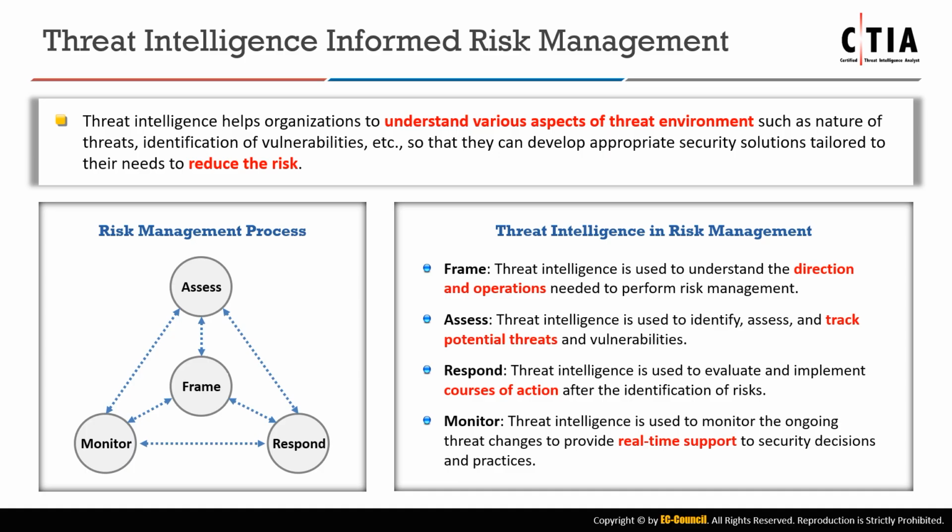So next one, we'll start with the top here, which is assess. Right, so we want to identify, assess, and track threats and vulnerabilities. And that assessment is going to be directly related to the direction that we're going to take with operations, right? So that's, again, back to FRAME.